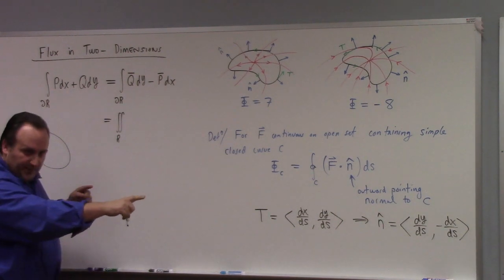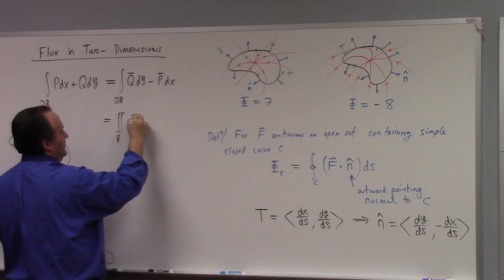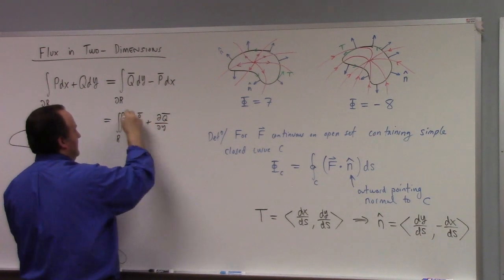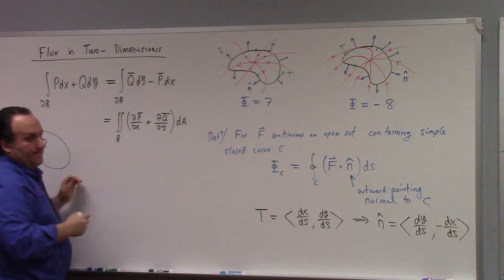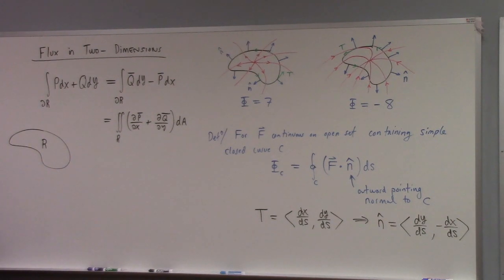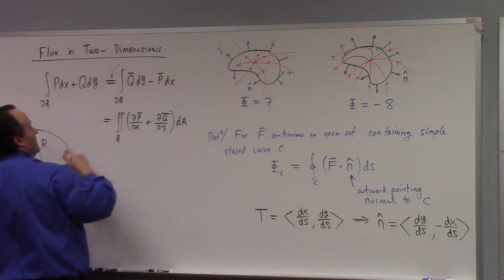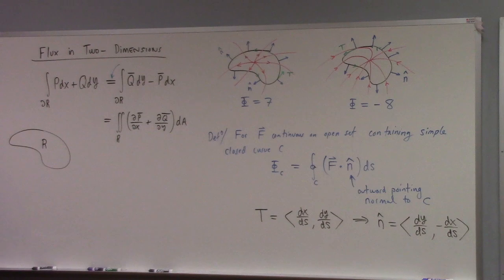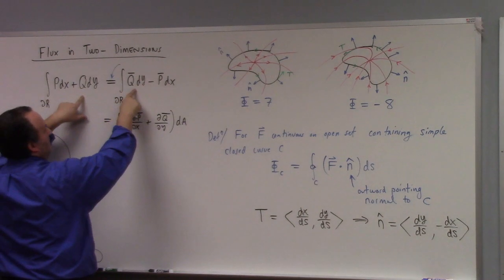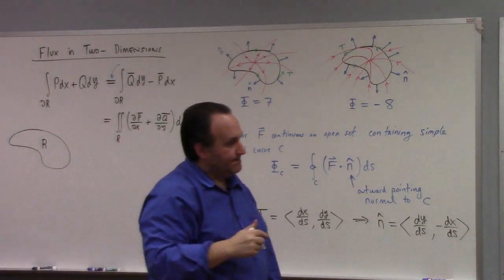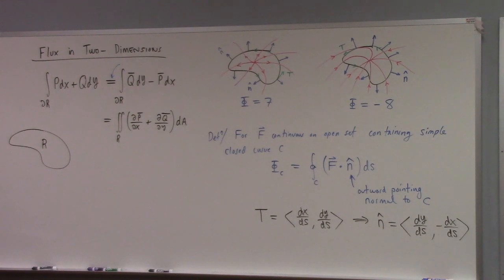So if we believe what we just did over there, this is equal to partial P bar partial x plus partial Q bar partial y, integrated over the area. So can you tell me what substitution we need to make right here? What's my definition for Q bar and P bar to make this so? I'm just making sure I have the letters in the right order.